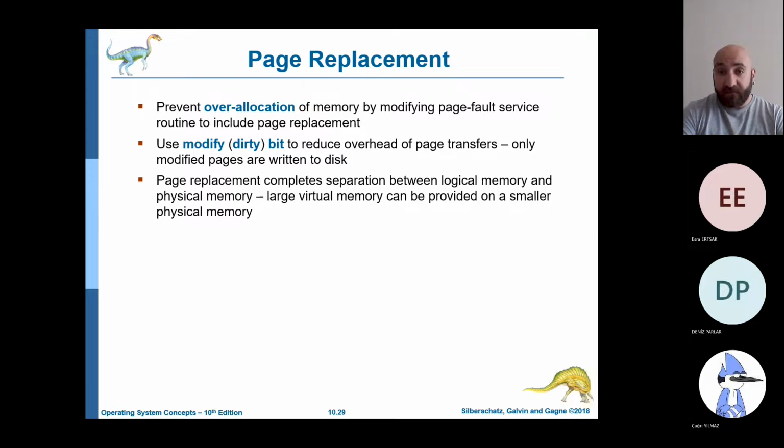If no frame is free, we find one that is not currently being used and free that frame. We can free a frame by writing its contents to swap space and changing the page table and all other tables to indicate that the page is no longer in memory. We can now use that freed frame to hold the page for which the process faulted.